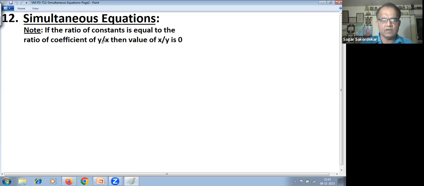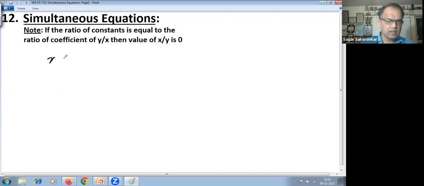So let's read only the first part. If the ratio of constant is equal to the ratio of coefficient of y, then the value of x equal to 0, and vice versa. Let's try directly with an example.